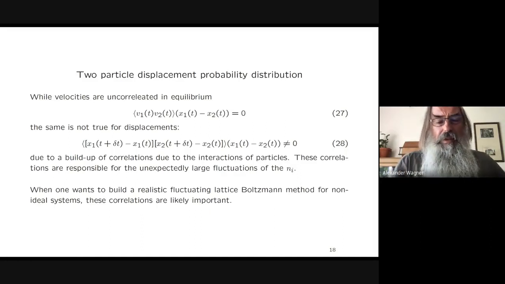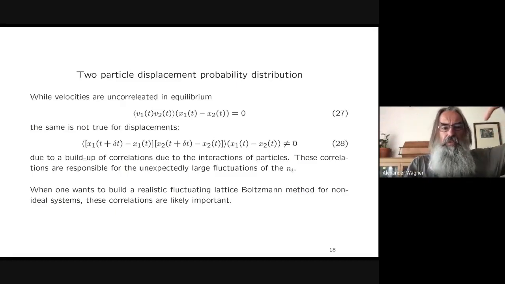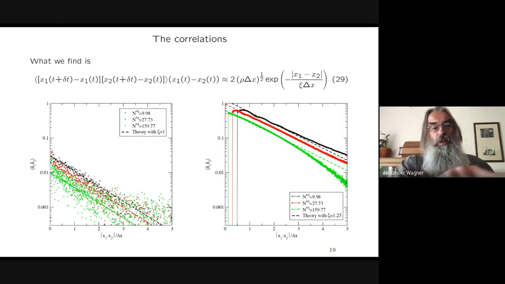And that's basically because during a finite period of time, these particles will collide and exchange information. And so therefore, they actually become correlated. And this is something that's actually important, and you can measure what these things look like. And we have here an approximation that they decay exponentially, but not that fast exponentially.